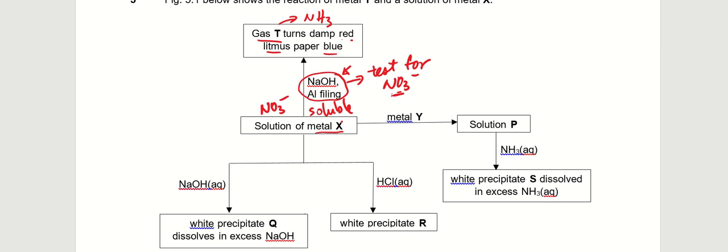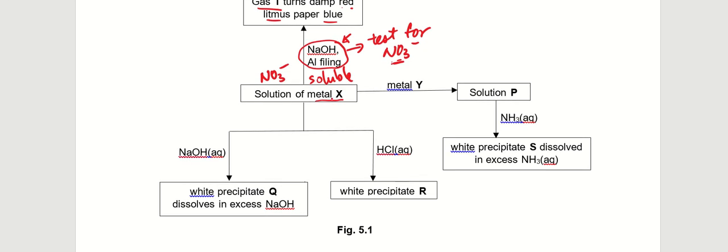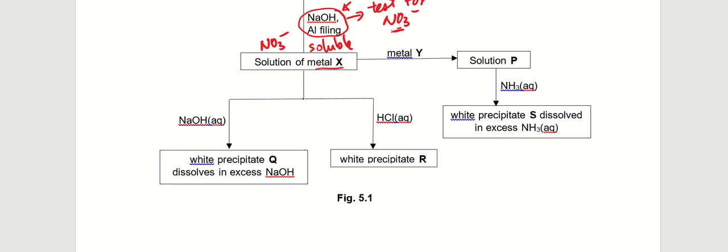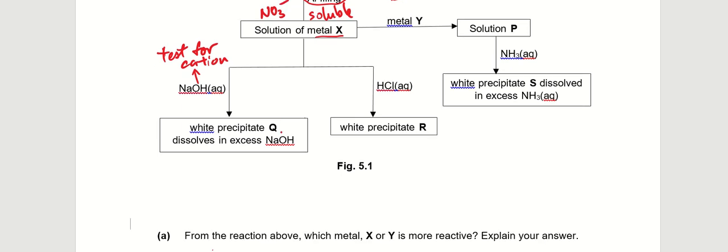Okay, so let's see whether we can figure out the metal X. We take a solution of X, and in these two branches we add sodium hydroxide. When we add sodium hydroxide, we are basically testing for cation. Testing for cation usually involves adding either sodium hydroxide or aqueous ammonia. So when we add sodium hydroxide, we get a white precipitate Q that dissolves in excess sodium hydroxide.